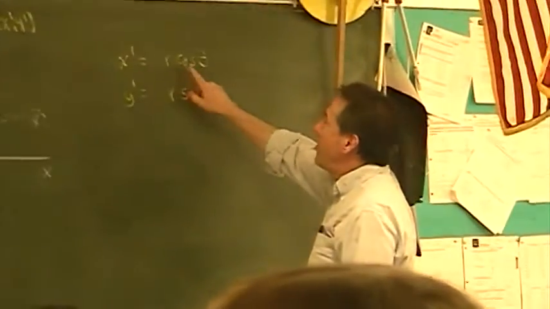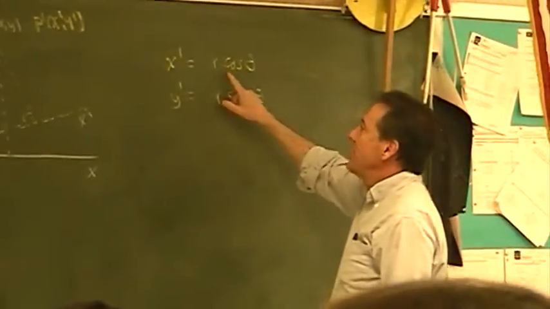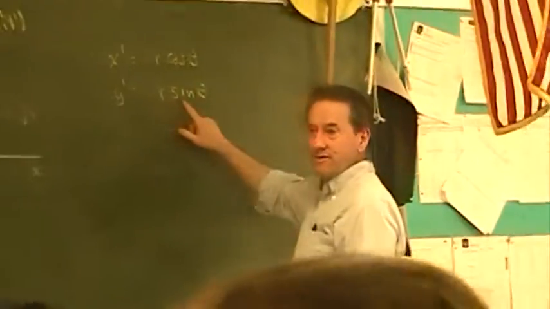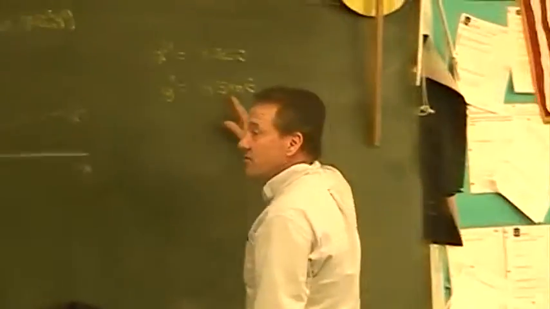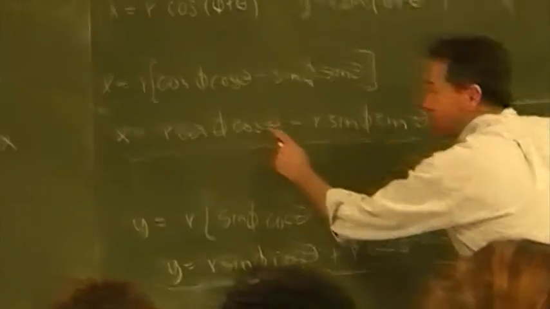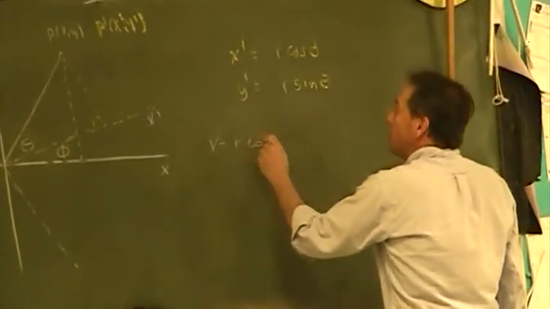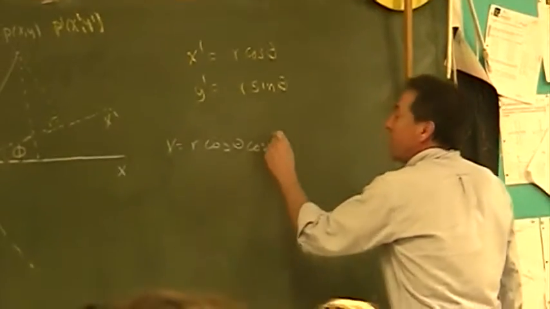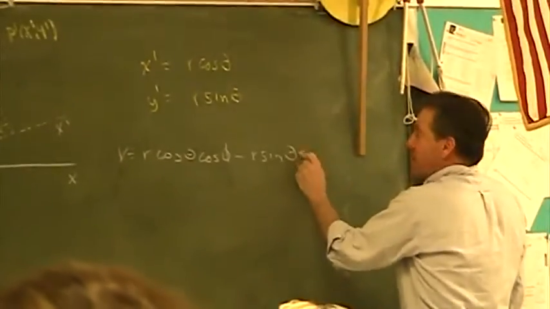You substitute r cosine theta for x, or you put in x prime for this, and you put in y prime for this. Okay? I'm coming up with the equations of rotation. So I'm going to rewrite this over here. X equals r cosine theta cosine phi minus r sine theta sine phi.